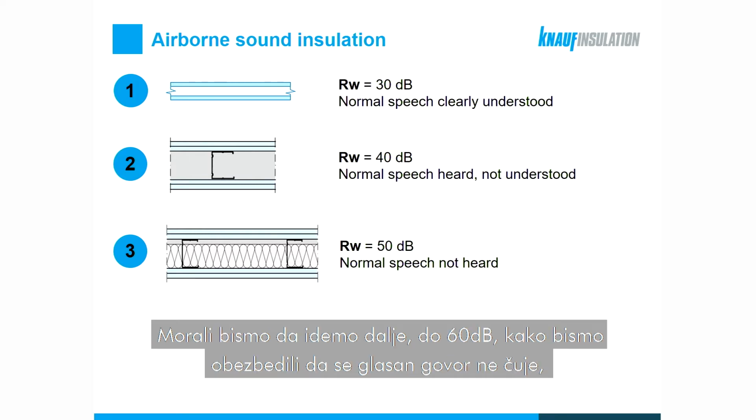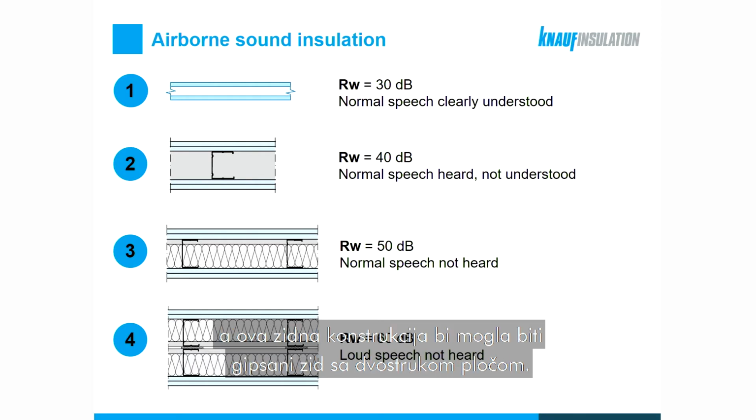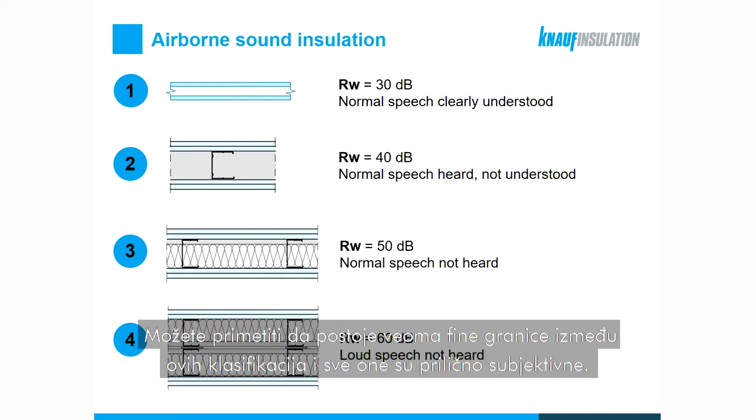So we would have to go further up, let's say to 60 decibels, to make a loud speech not heard. And this wall construction, which could provide 60 decibels, could be, for example, a dry wall with a double stud construction. So you can see that there are very, very fine limits between these ratings, and all these are actually subjective.